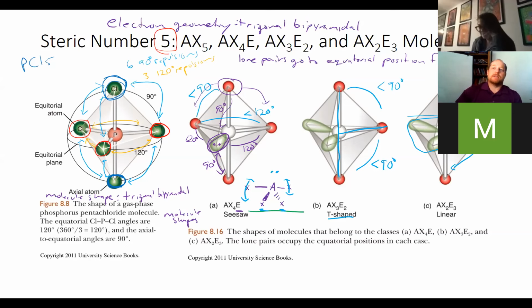And so that's what you'll see there, because now all the repulsions are the same around that equatorial plane, and so they're going to repel the same amount, which is just going to make all of those atoms be in a line. Okay, so those are the different shapes that you get if you have a steric number of 5, and they're all the same electron geometry, trigonal bipyramidal electron geometry.